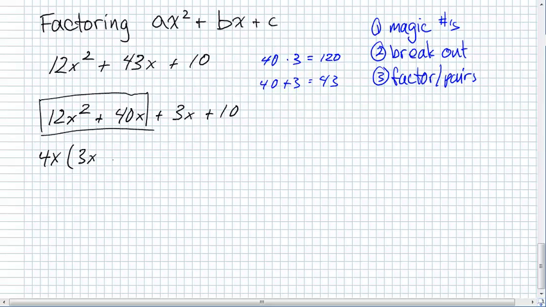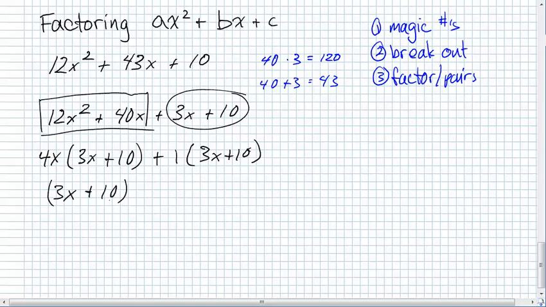Okay, and with 3x and 10 over here, nothing's common, so I'll just factor out a 1 to make this really obvious. 3x plus 10. You'll see that 3x plus 10 is common to both, so then I factor that out front, and that's my answer. Okay, and then 4x plus 1 is left over. There you go. And again, you can do the check by multiplying it out using the distributive law, and you should get the original question back again, which we do. Okay, so there it is there.